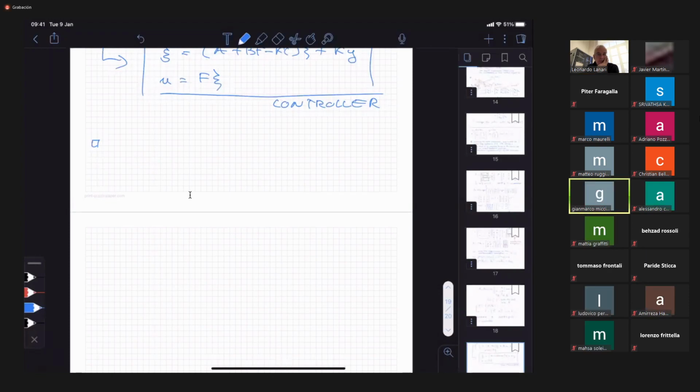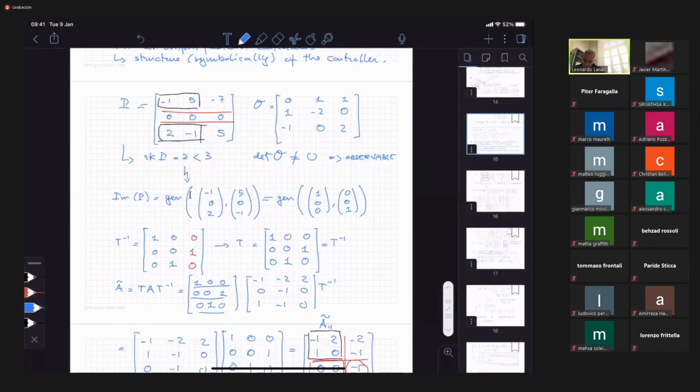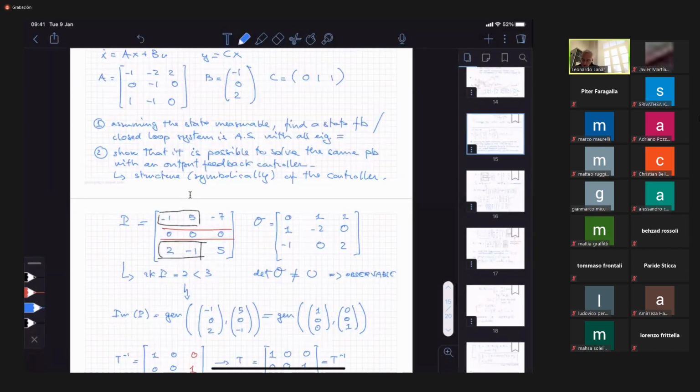Professor, excuse me, I did not understand, does this last part conclude the second point? The question was, show that it is possible. Well, it is possible. We say that it is possible after seeing that there exists a state feedback which stabilizes, and in this case, the system is observable.